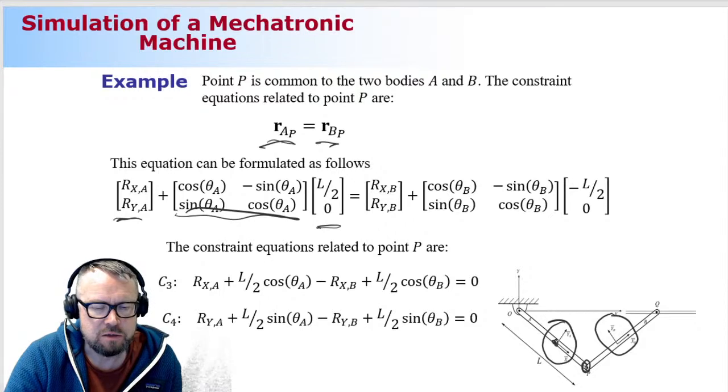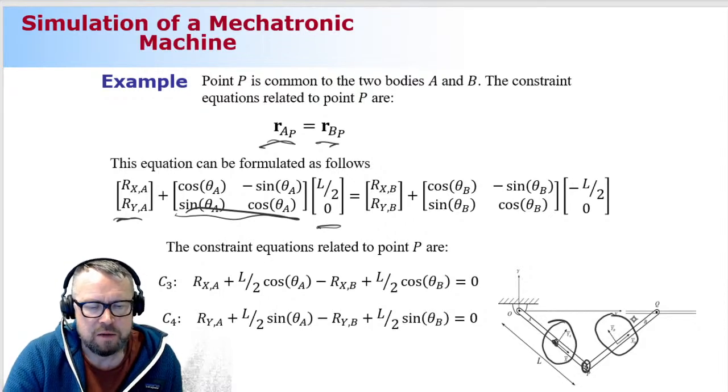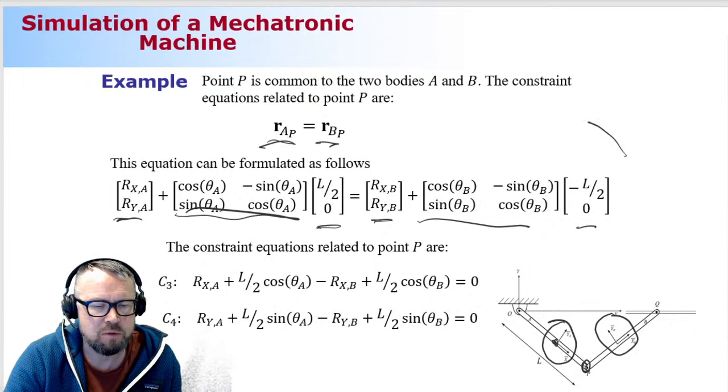We make use of vector u-bar. We redo the whole thing, but this time using body B: translation, rotation, vector u-bar. Once I do the math and move everything to the left-hand side of the equation, it gives me 2 additional constraints. So it's 4 constraints in total.